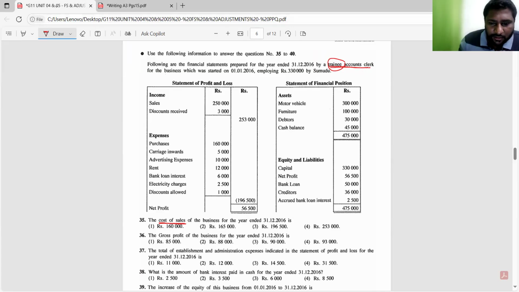Question 35. Cost of sales, opening inventory. So how much is the opening inventory? We have started the business now only, so we cannot have an opening inventory.